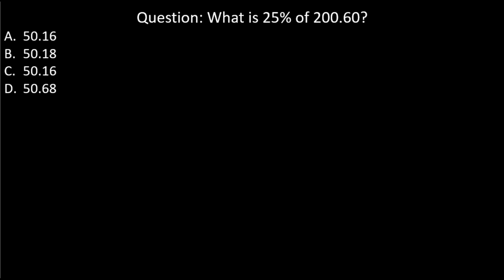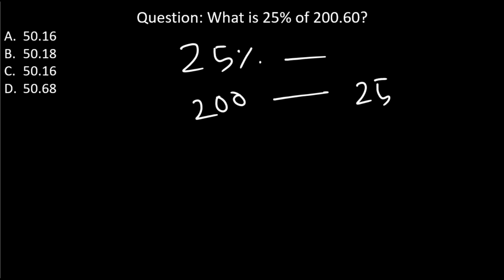Now come to problem number 3. 25% means 25 within 100. So within 200 we get 25 multiplied by 2, so it's 50%.